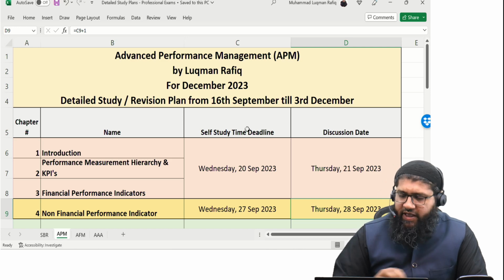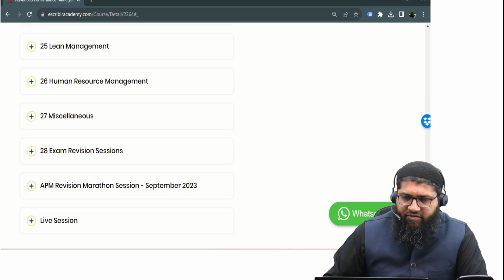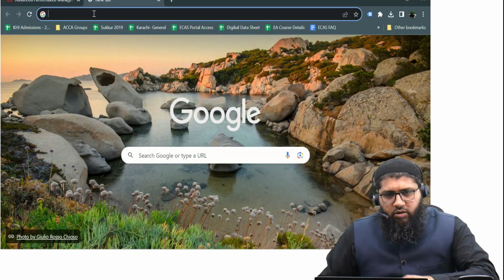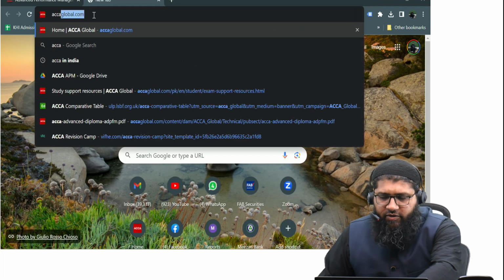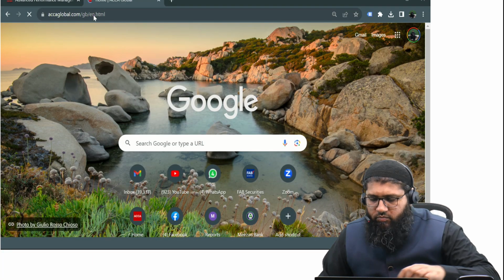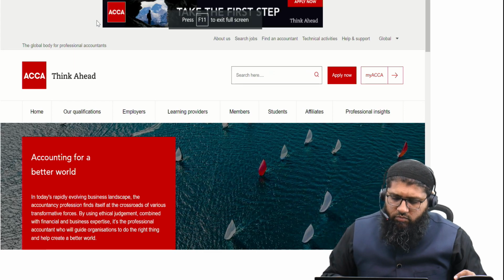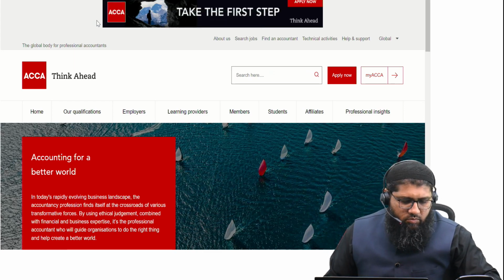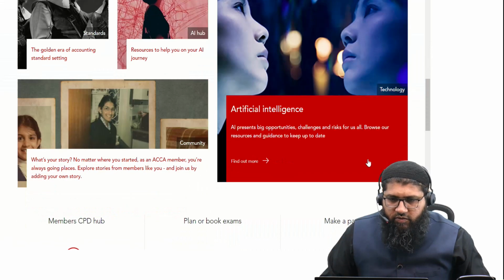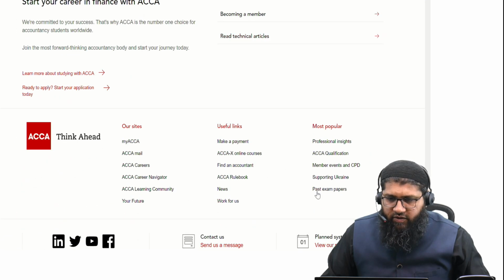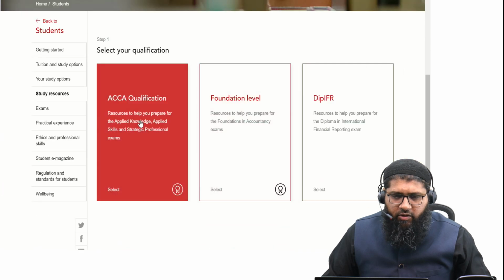Okay, ACCA Study Hub is something that ACCA has recently introduced. Let me just show you on the ACCA website also. When you go onto the ACCA website, at the bottom there is the past examination papers. Just click on that.